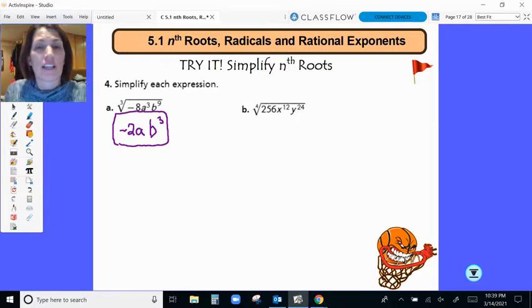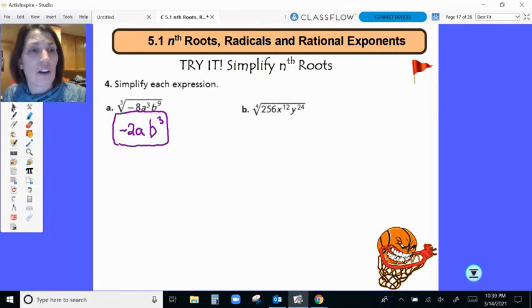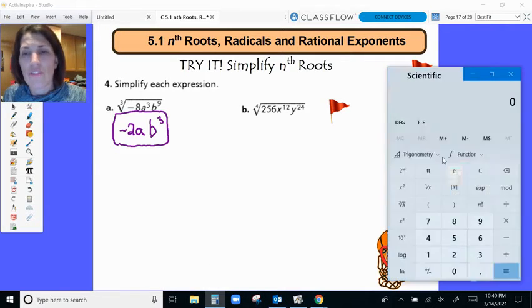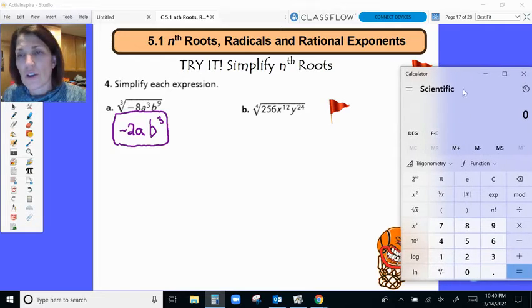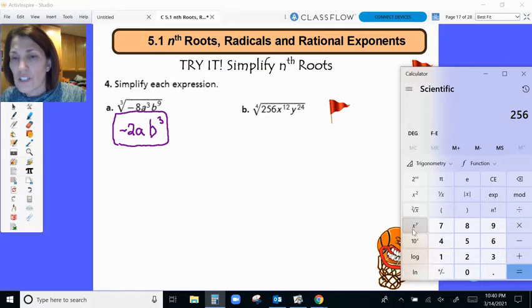Okay, my second one here, we do have an even root, an even index, so we want to make sure that we watch out for that. If we simplify this, what's the 4th root of 256? If you don't know that right off the top of your head, we can look at our calculator here, and we're going to go 256, and we're going to use this.